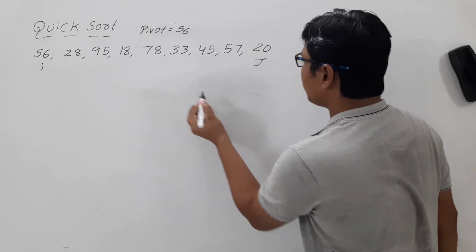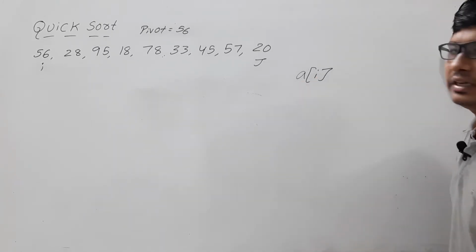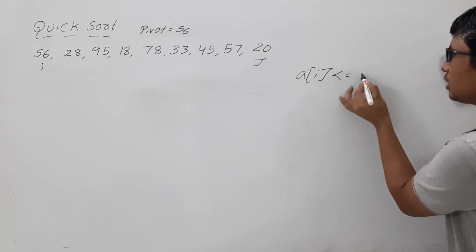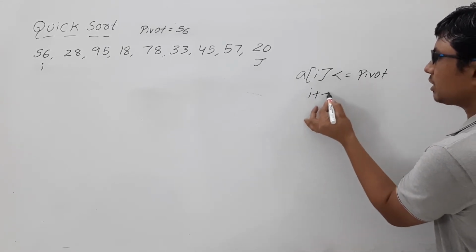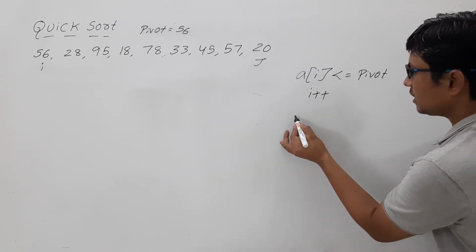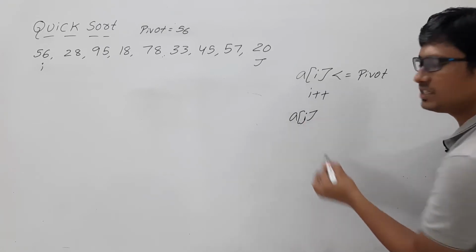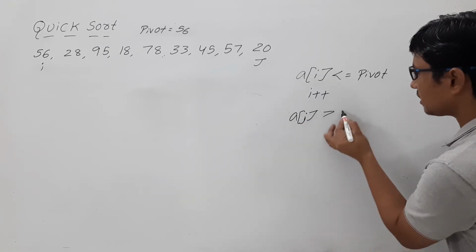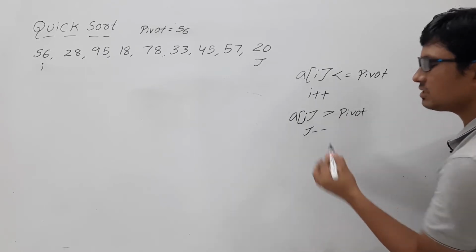If a of i is less than or equal to the pivot element, then you need to increment the i value. Are you able to understand? If a of j is greater than the pivot element, then you need to decrement the j value.